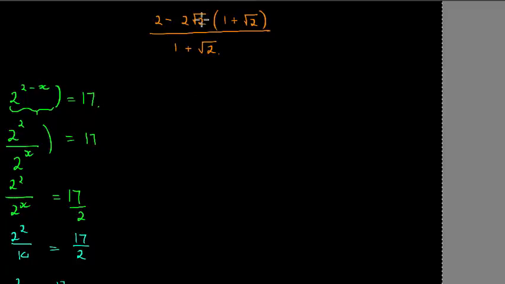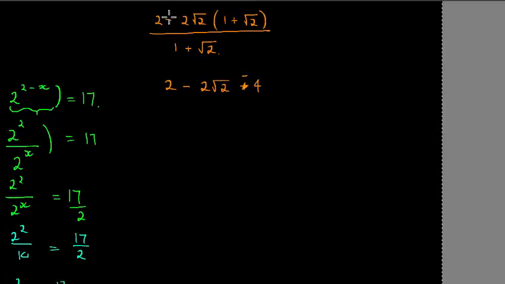And now let's just simplify. We just multiply this in. So we get 2 minus 2 square root 2 plus, now when this multiplies that, the square root 2 and the square root 2 cancel, so it's just 2 times 2, which is plus 4. And then minus 4.